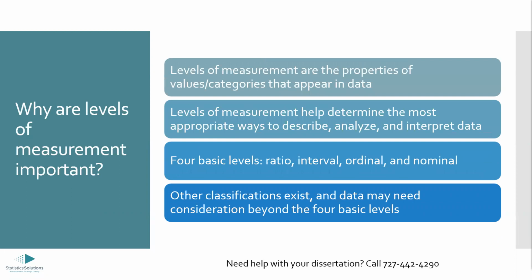So let's first talk about what exactly are levels of measurement and why they are important to our research. Levels of measurement are the properties of the values or categories that appear in data. For instance, let's say you have collected data for a certain variable and all of the values for that variable are just ones and zeros.